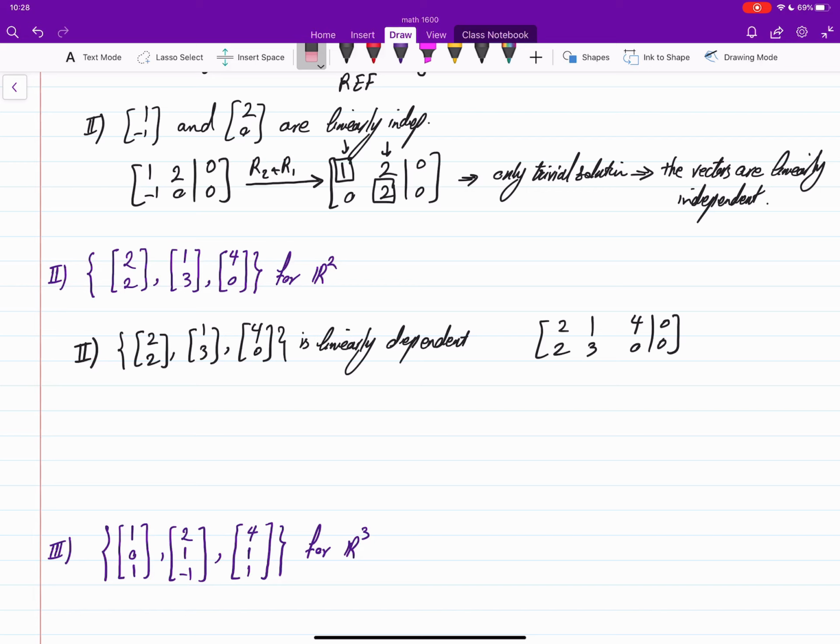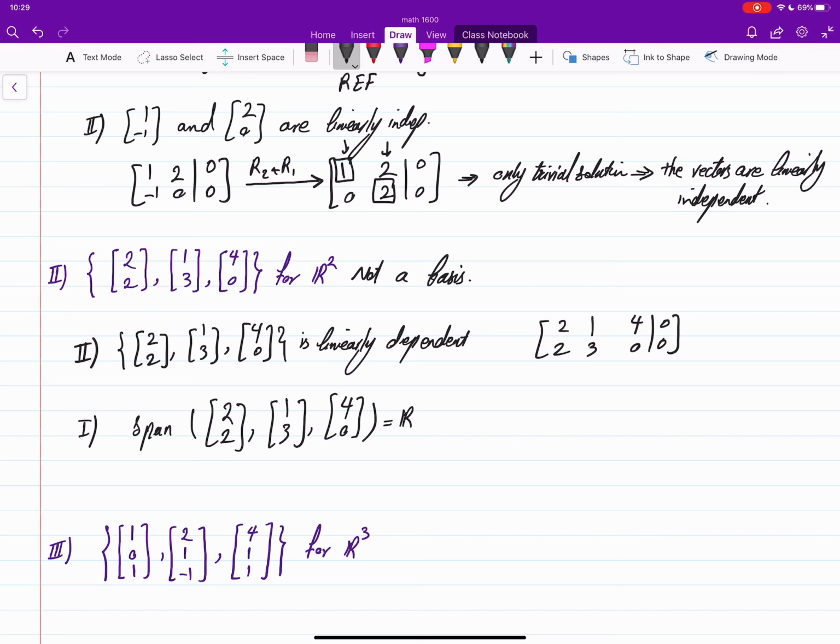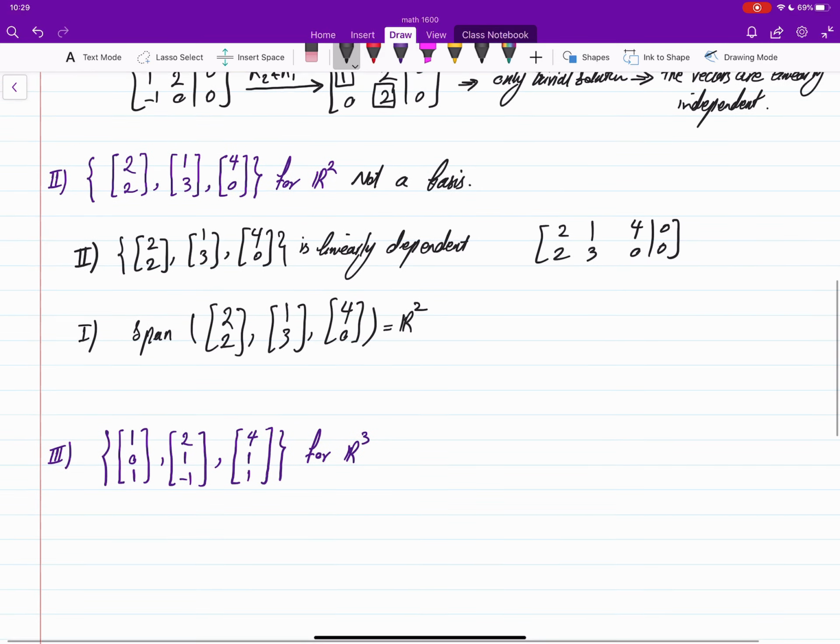That means we will have a non-trivial solution, and that's why these are linearly dependent, and as a result, this is not a basis. If you want, you can check that the span of these vectors is R2, but they are not linearly independent. That means it's not a basis.